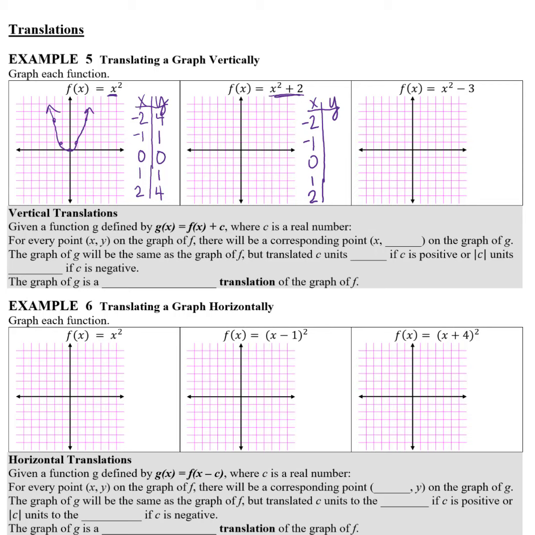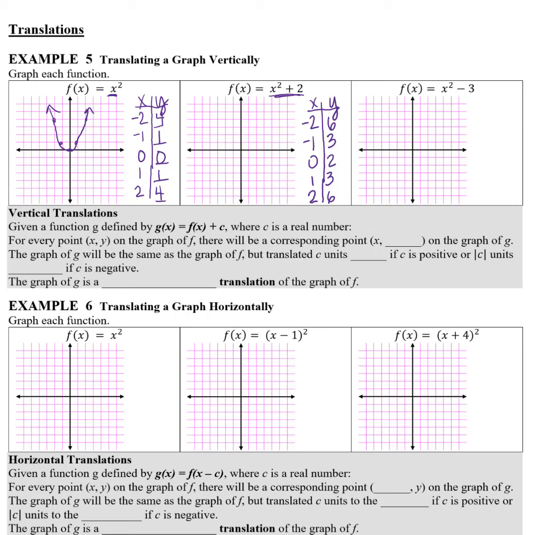When x was -2, y was 4. Well, 4 plus 2 is 6. And then taking this 1 plus 2 is 3. 0 plus 2 is 2. 1 plus 2 is 3, and 4 plus 2 is 6. If that's a little confusing, you can just go ahead and plug in the numbers again for x and solve for y, and you'll get these y values.